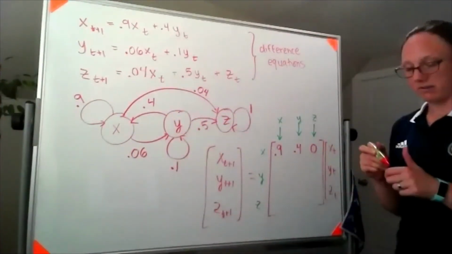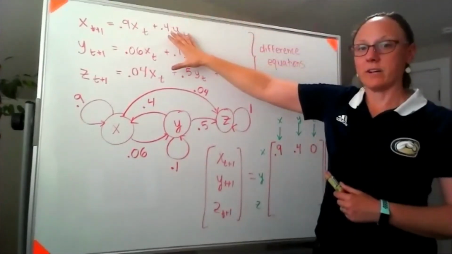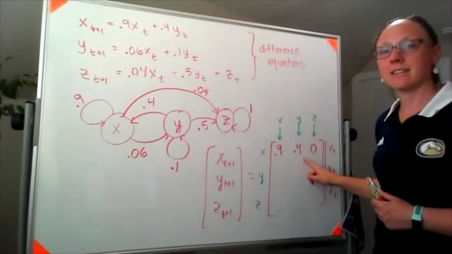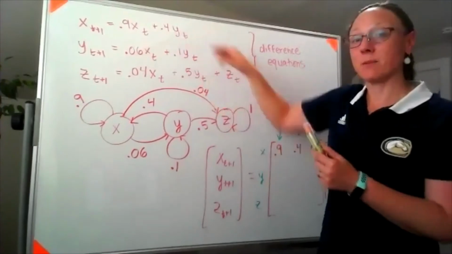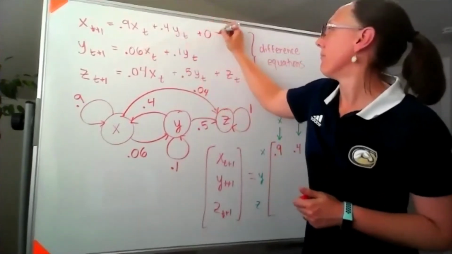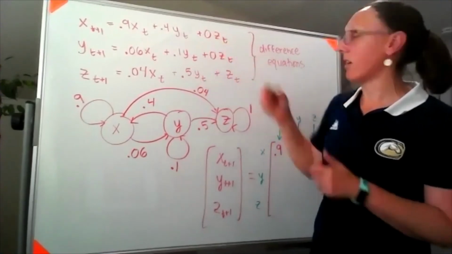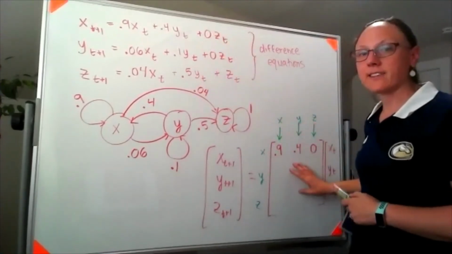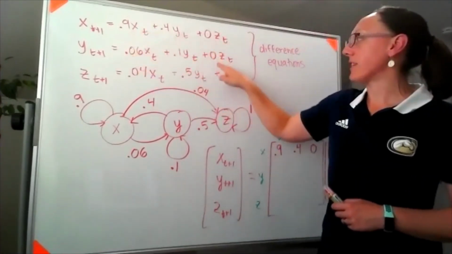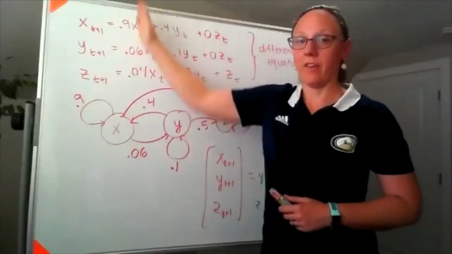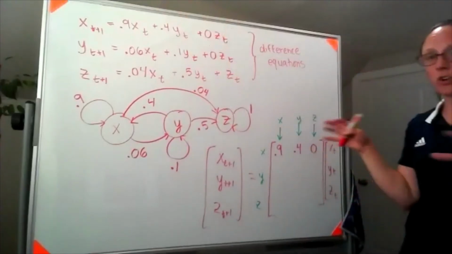Now notice, I can also get this directly from our difference equations, because this just represents the coefficients of my x sub t, y sub t, and the invisible z sub t term. If I put in an invisible z sub t term here as well, then this matrix should correspond to each of the coefficients if everything is lined up correctly here with all the x's together, y's together, and z's together. So they should all match.